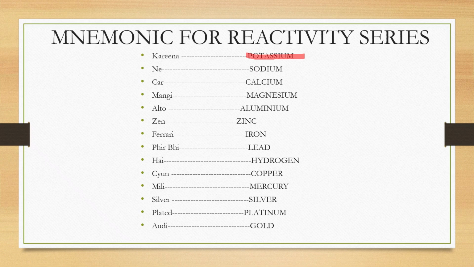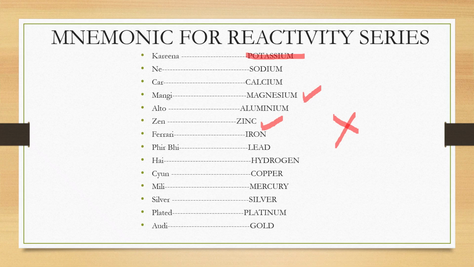So whenever you are taking any element, like suppose you have taken zinc, and you dipped it in magnesium sulfate. The question is whether zinc is able to displace magnesium? The answer is no, it will not displace because zinc is lower than magnesium in the reactivity series.